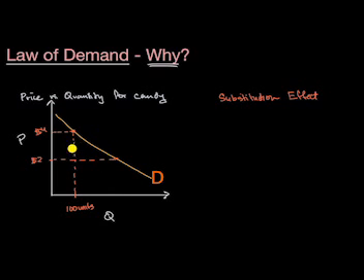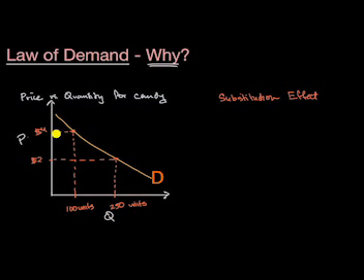And maybe at first they were both $4 a pound, but now all of a sudden if the candy is $2 a pound or $2 per unit, well then it's looking a lot better relative to the fruit. So some of that quantity of fruit people would have bought, they'll say, hey, now candy is a better deal. I'm going to substitute the fruit with candy. And so that's why you have a higher quantity of candy demanded. This might maybe be now 250 units.